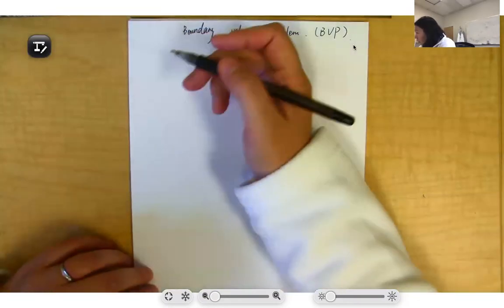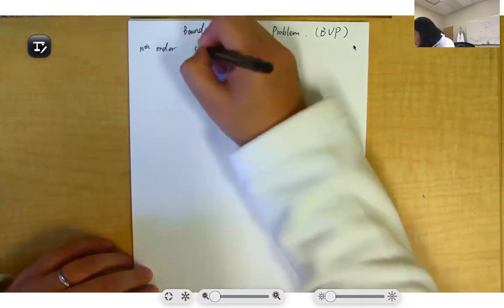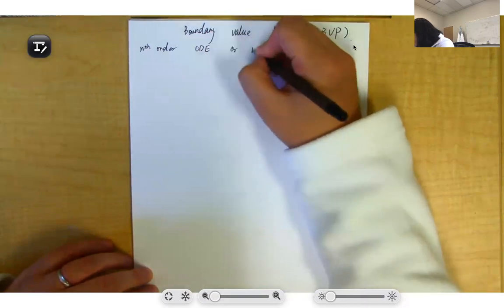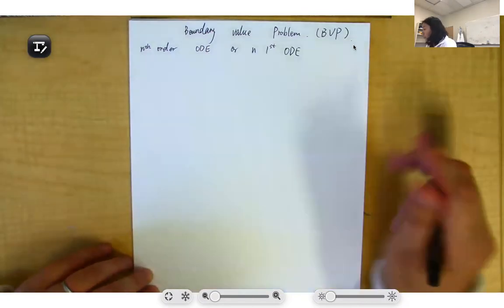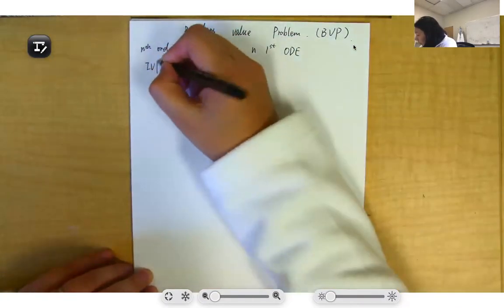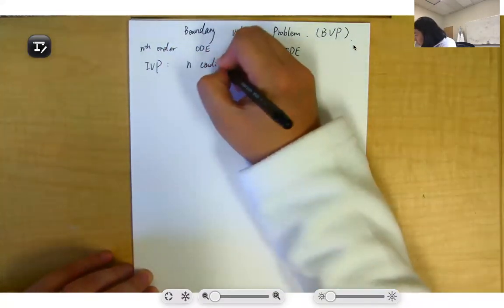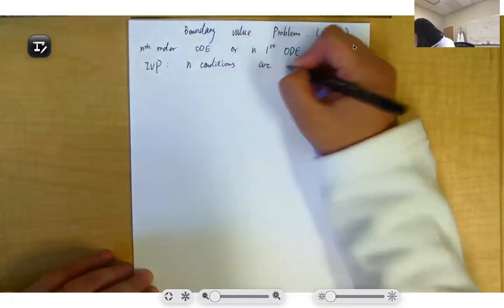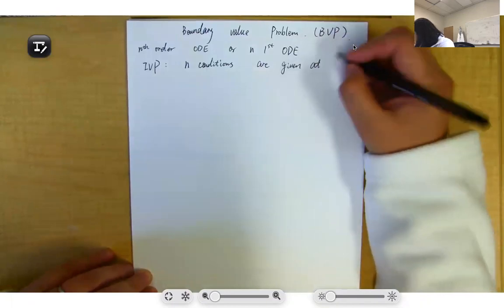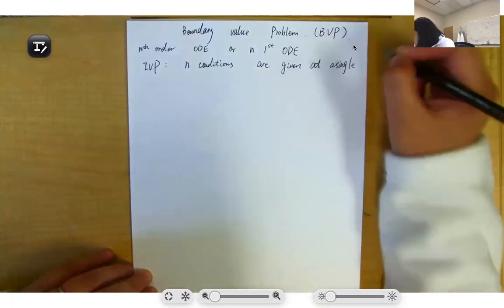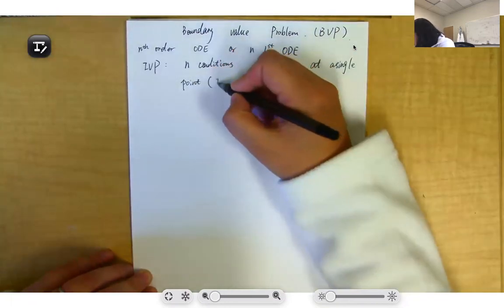So for nth order ODE or first order ODE, you know they can be transferred to each other. For the IVP, that means n conditions are given at a single point, and this point is usually the initial point.